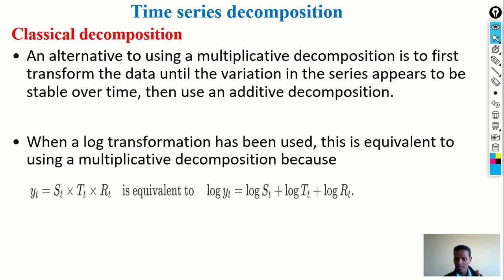So if by transformation we make the data stable, then we'll go for additive decomposition. After making the data stable by transformation, we can use the additive decomposition. That is the alternative way to multiplicative decomposition.